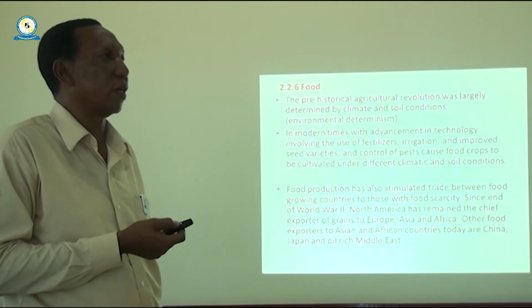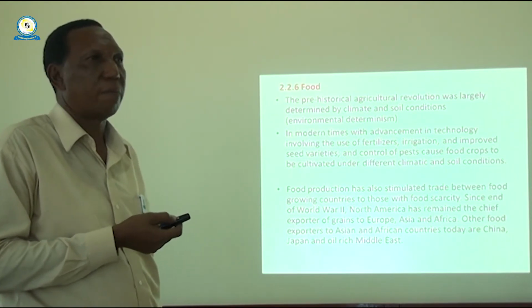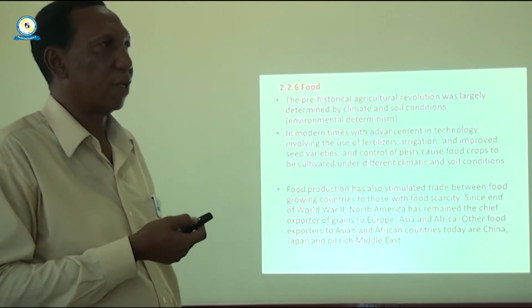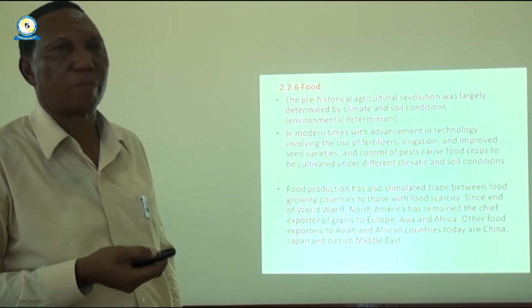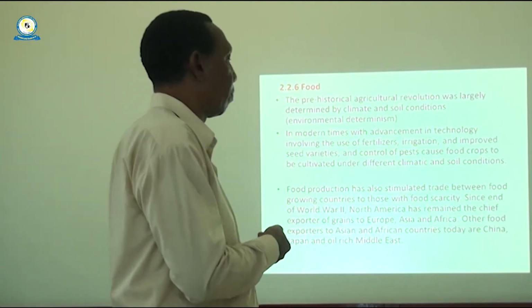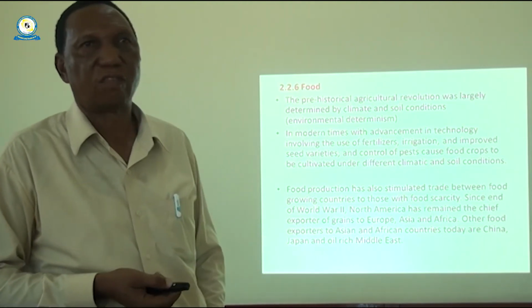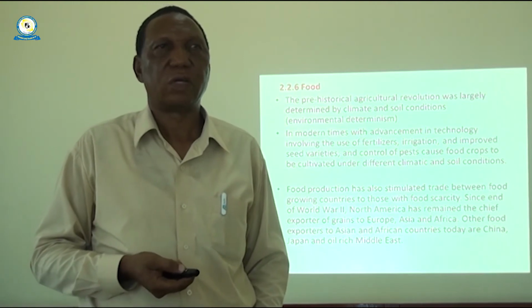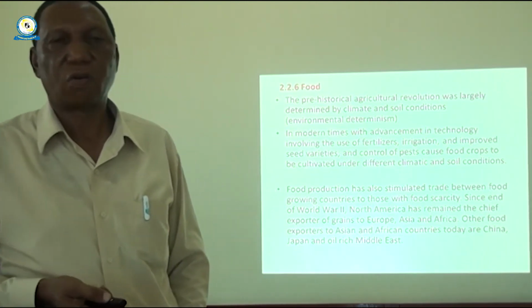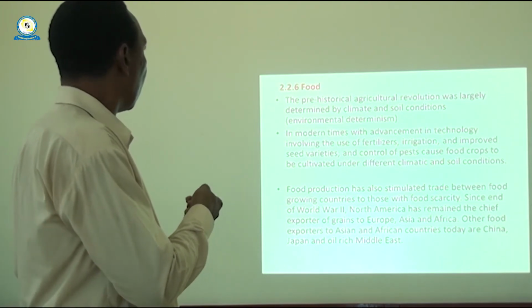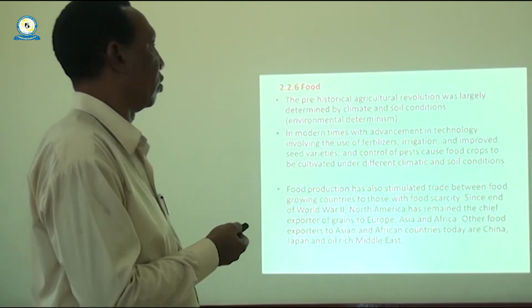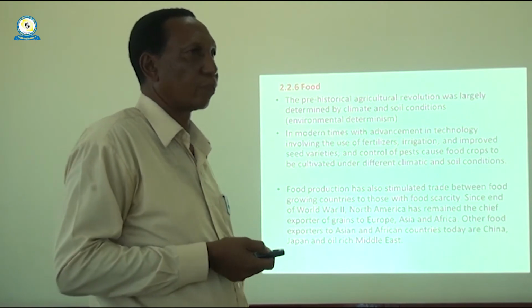You find almost every country is growing palm oil and so on. You can give many examples. Even here in Tanzania, we go to some places and find that the staple food maybe is maize or rice. That is how the examples of environmental determinism appeared by that time.